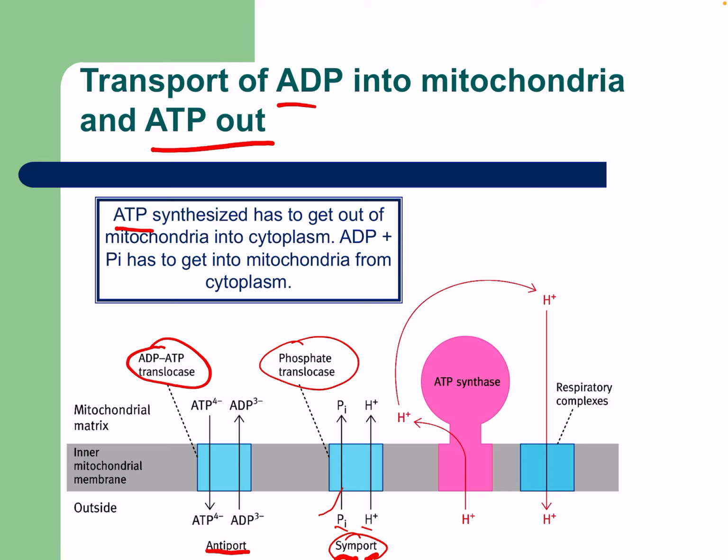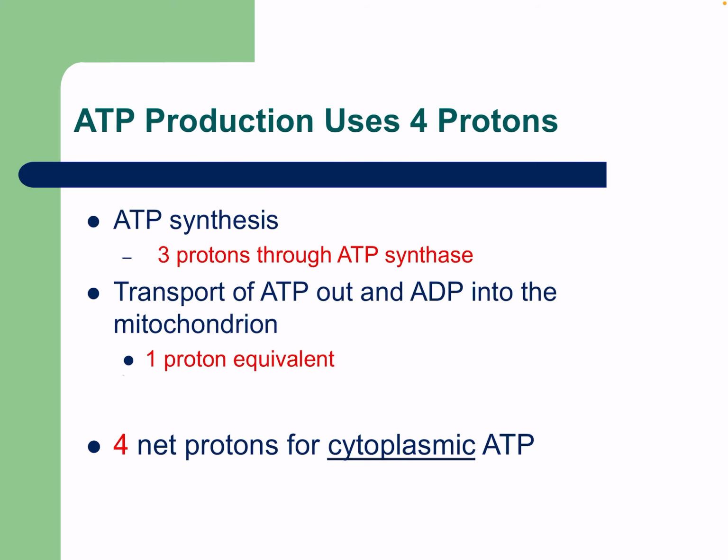So this occurs in the complexes. When we move those hydrogen ions in, inorganic phosphate can come with it. And again, we use these respiratory complexes to remove hydrogen ions once they go through ATP synthase, funneling the gradient. So ATP production uses 4 protons. ATP synthesis requires 3 protons through ATP synthase for 1 ATP. The transport of ATP out and ADP into the mitochondria costs 1 proton equivalent.